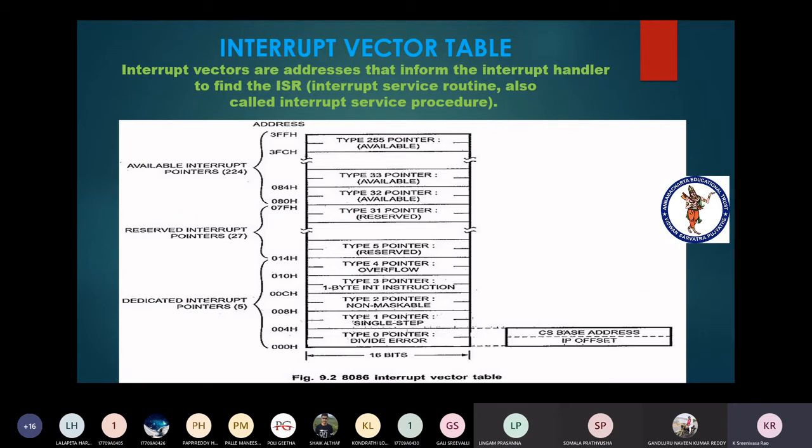For every interrupt, it takes 4 address locations. But in the case of the 8085 processor, for every interrupt vector, the difference is 8 address locations. That is called the interval of 8. This one is called the interval of 4. This difference is required in one place.